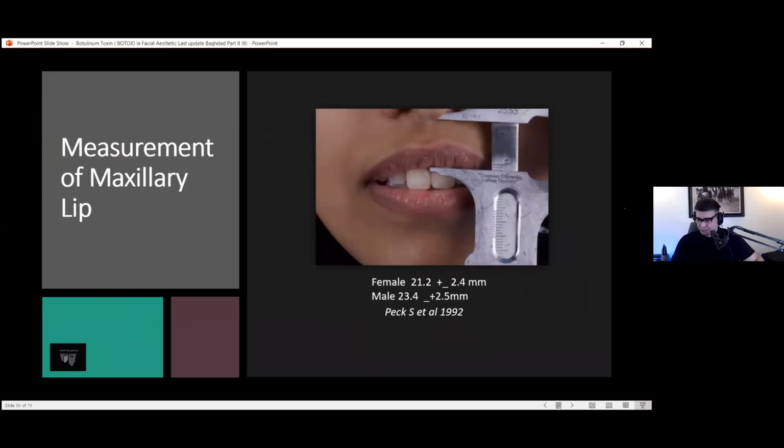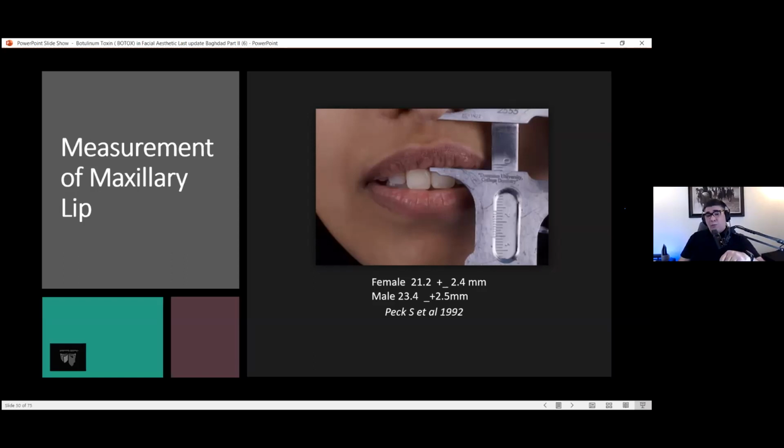Again, when I try to figure out the reason for my patient's excessive gingival display, I have to keep in mind the shortness of the upper lip too. So I have to measure.